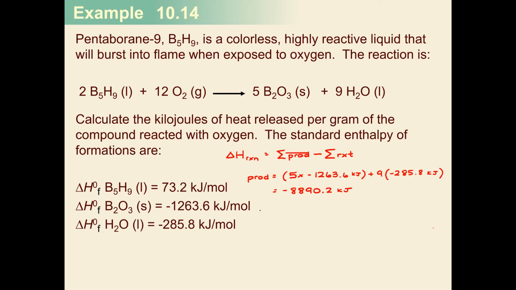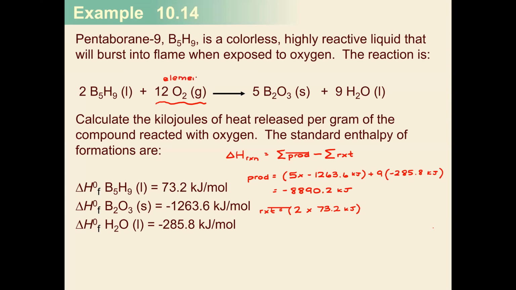Let us go ahead and do the reactants. In this case, we are going to take our 2 times, and we need to go to our pentaborane 9, so that is going to be 73.2 kilojoules. And the nice part about this is that you will notice that I don't have to do anything with my O2 because this is in its elemental form.